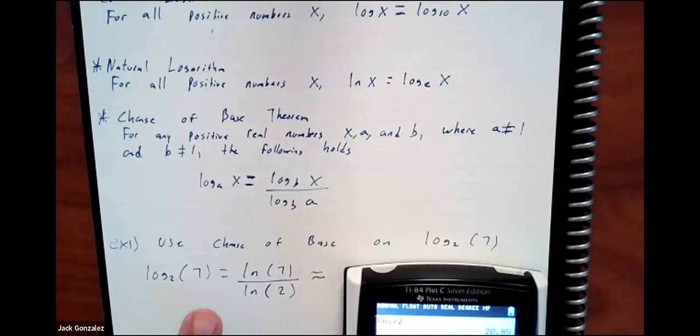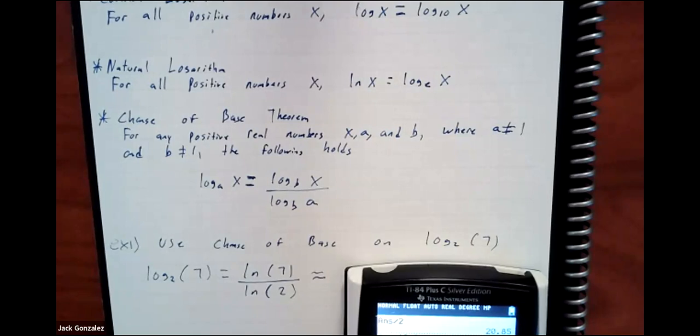So notice that these are separate, right? So the ln 7 divided by the ln 2; it's not inside the ln. When you type in ln, the calculator gives you the parentheses. So put parentheses on top and bottom just to be safe. You should be good. Division, right?